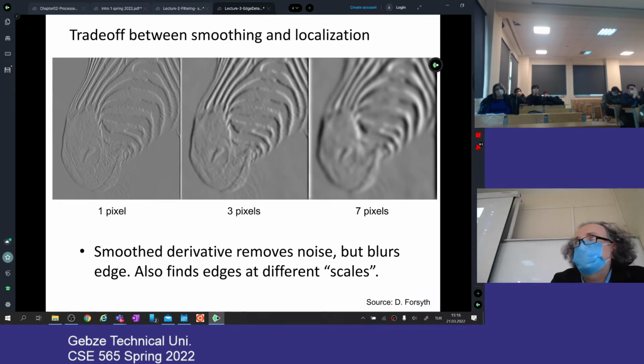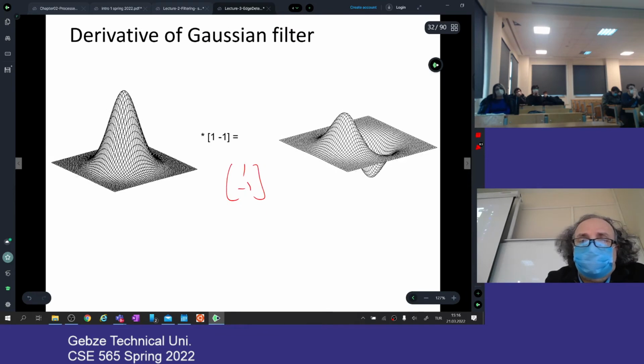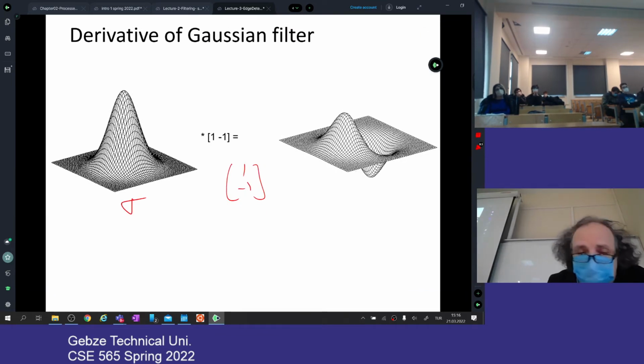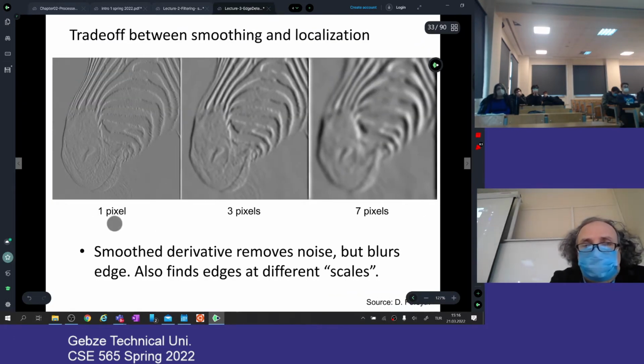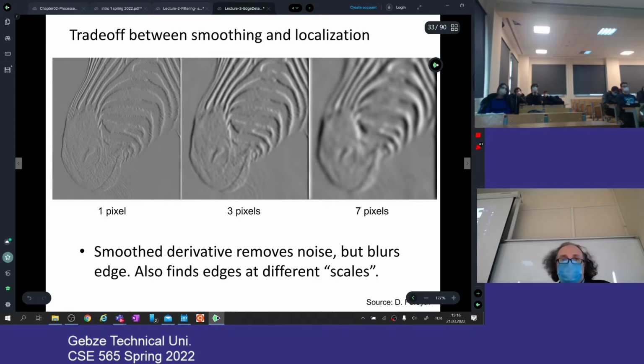Of course, what are the sigma parameters of my Gaussian? It's a parameter again. If the sigma is just 1 pixel wide, this is what I would get. 3 pixels and 7 pixels like that. So what do you see in here? In this case, this one is very sensitive.